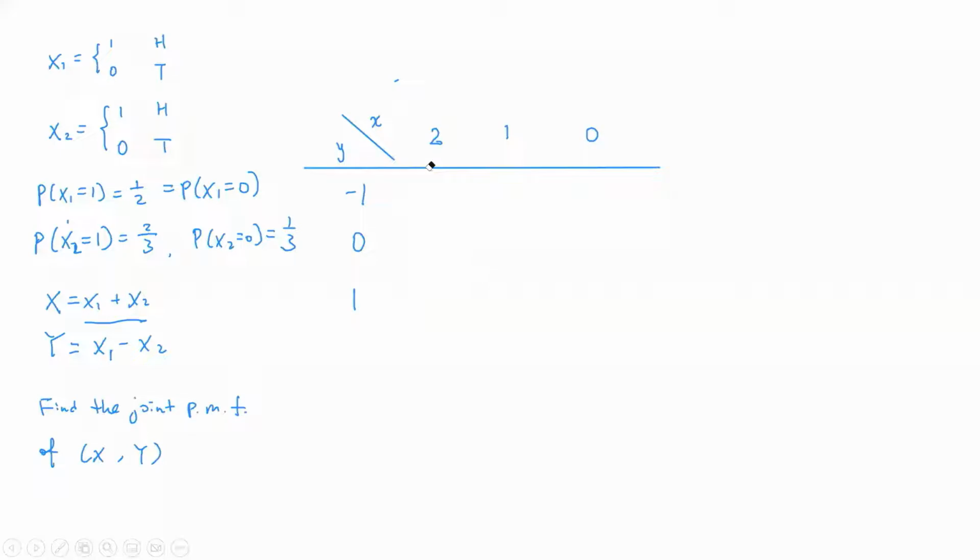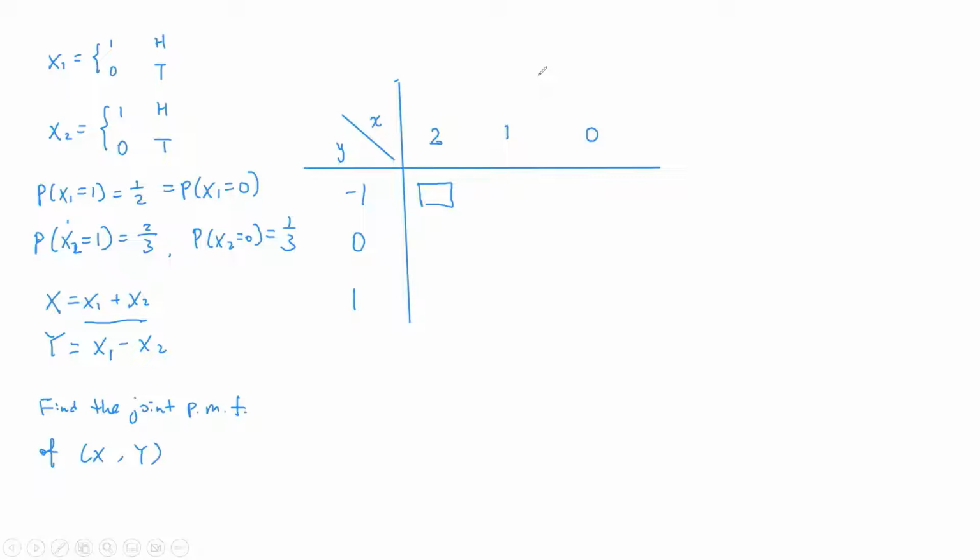All right, let's try to figure out the probabilities. This one would represent the probability that X equals 2, Y equals negative 1.